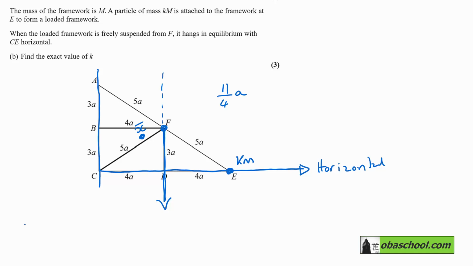So taking moments about F, well, we know that this distance is 4a, and this was 11 over 4a. So the moment of the center of mass about F would be 4 take away 11 over 4, and we know the mass was M, so that will be Ma.